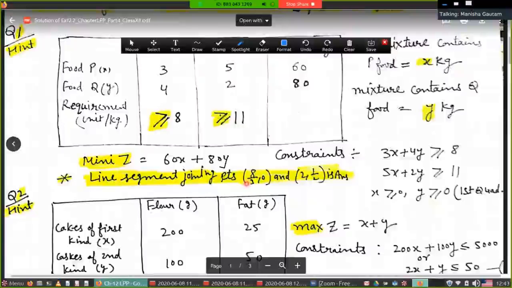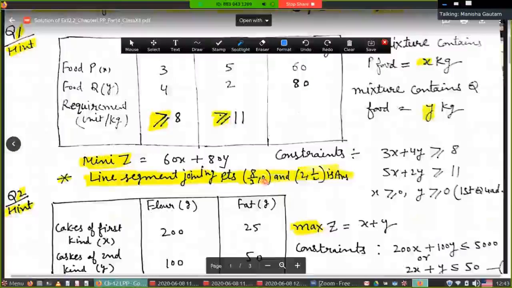Here you have to note down a point which is very important in this question. In this question, you will not get one point for minimizing the cost. You will get 2 points, and the line segment made by these 2 points gives the minimum cost. It means the answer is not a single point.